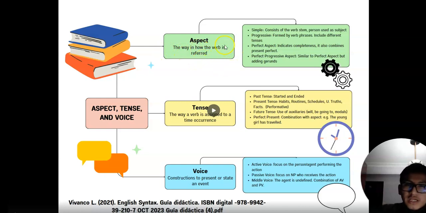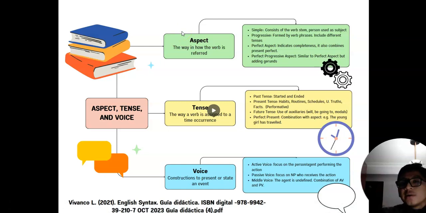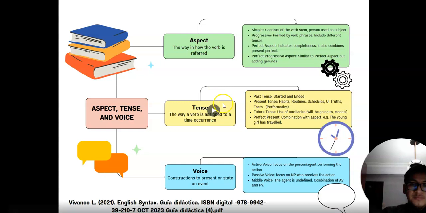If we look into the subdivision of aspect, we mainly have three aspects, but for other authors we also find a fourth aspect. Let's start with the first one, the simple aspect, which consists of the verb stem, where the person is used as a subject.